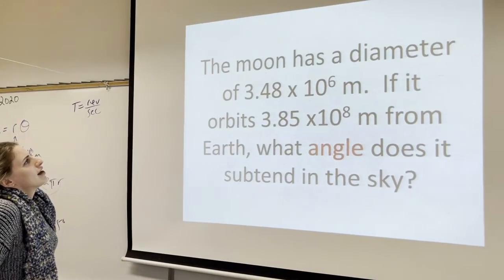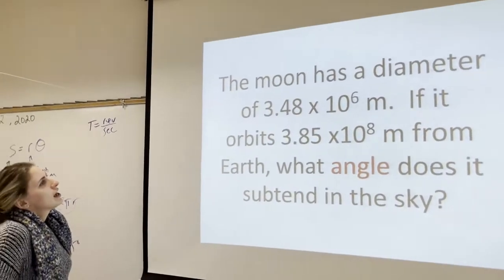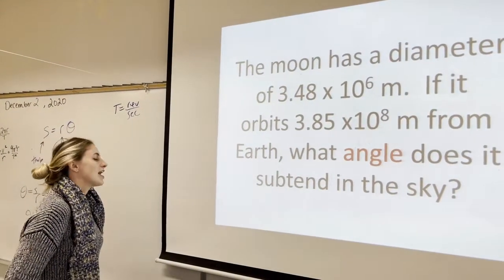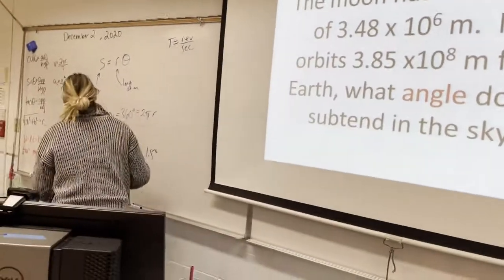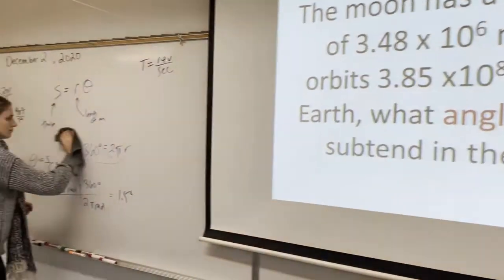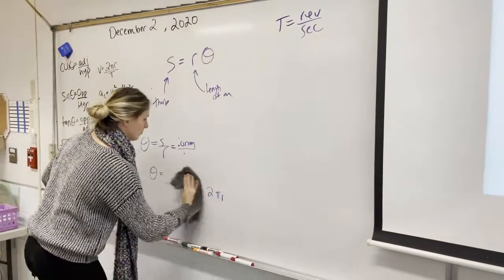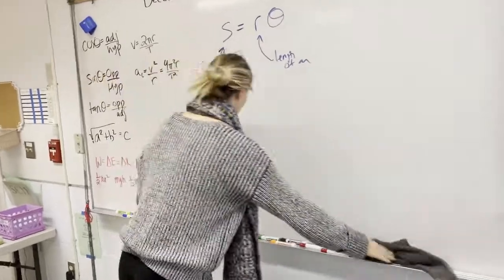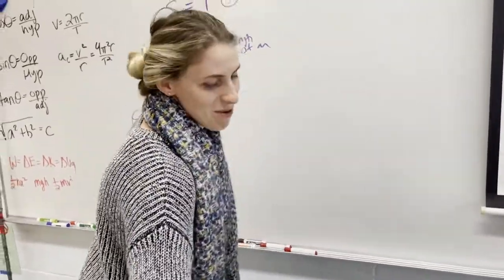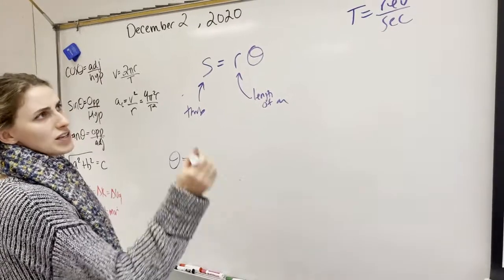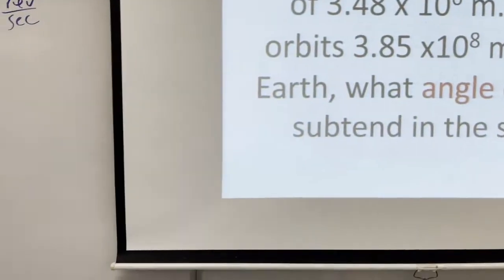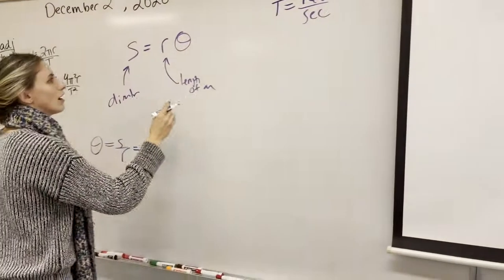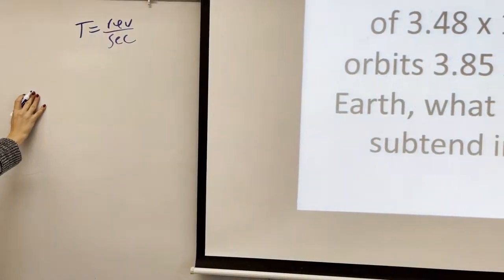Okay, the moon has a diameter of that much. If it orbits that many meters from the Earth, what angle does it subtend in the sky? This is going to be exactly the same. The diameter of the moon would be like the width of your thumb. So S is the diameter of the moon, and R is the orbital distance.